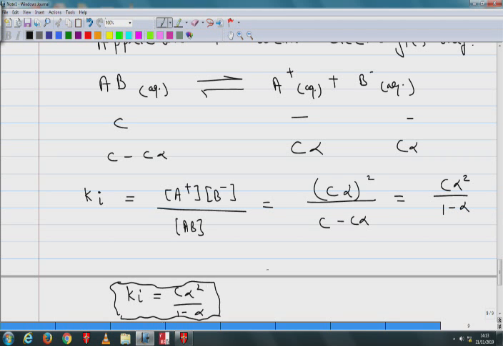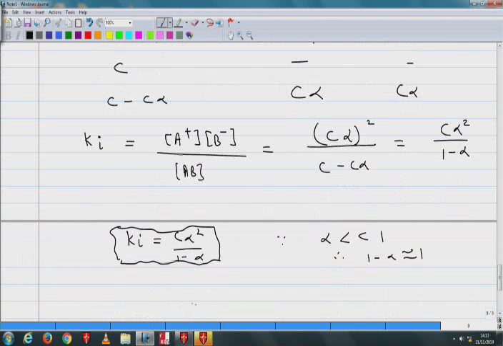This is the first basic formula. And one more important thing, guys, we have learned that alpha is very, very negligible with respect to 1. So 1 minus alpha should be nearly equal to 1. So I can get Ki equals C alpha square only.